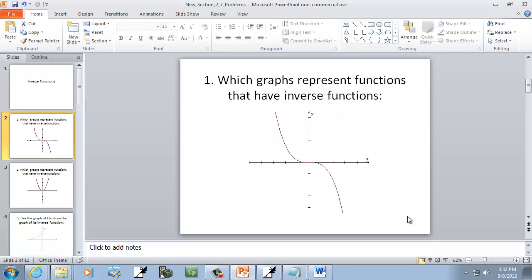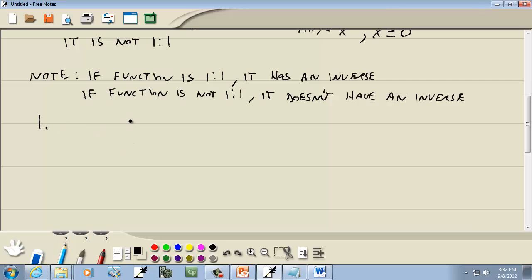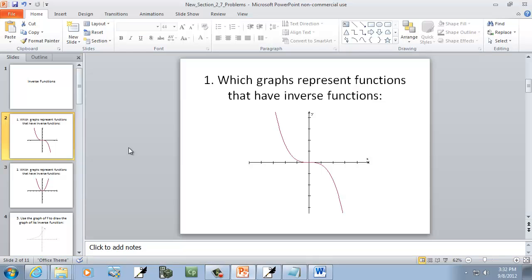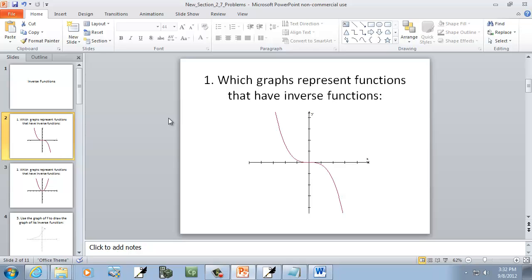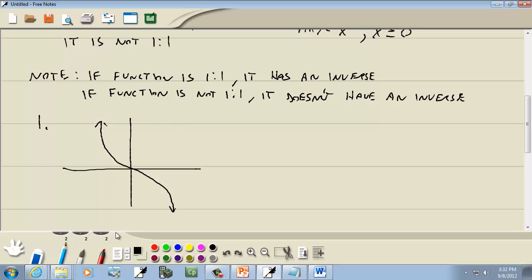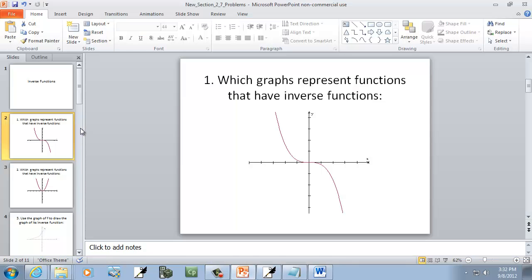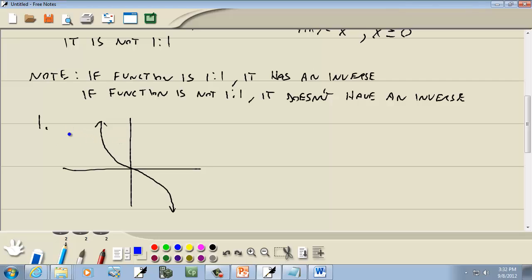Let's take a look at our first problem. The instructions say which graphs represent functions that have inverse functions. Well, let's first determine if it's one-to-one. It's a function, so we're fine there. Horizontal line test: if I draw a horizontal line here, most of it will intersect one place.